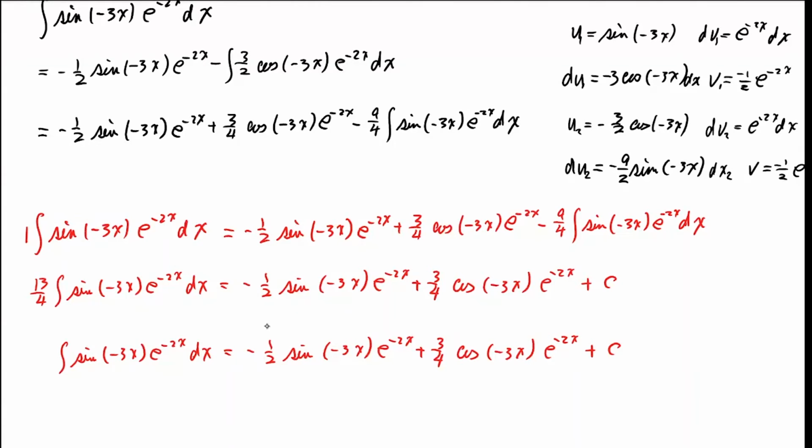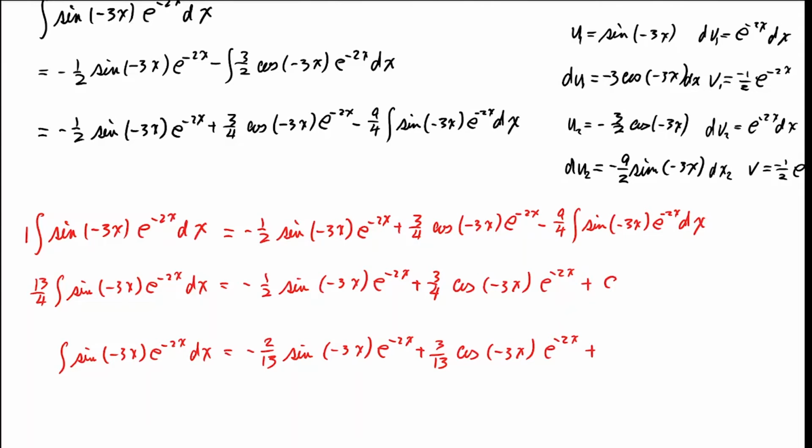So this thing times 4/13 becomes 2/13 like that, eh? Good. This thing times 4/13, so does this become 3/13 then? Are you with me? And then, of course, this is like 4/13c, but we can call that a different constant.